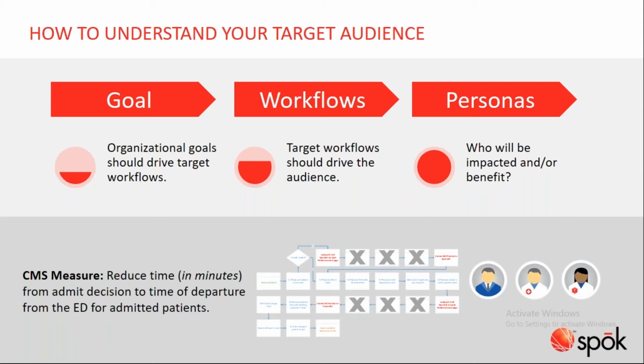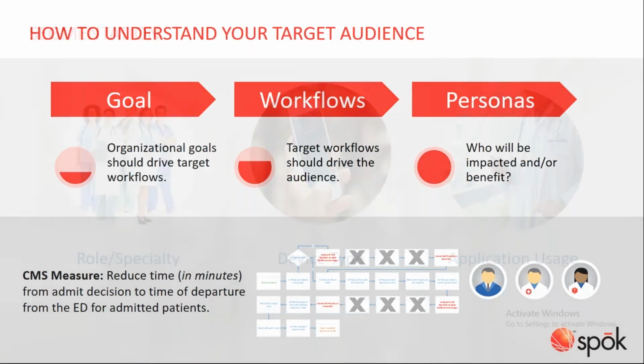Then once you get that final, new process that you're trying to pursue, it'll help you understand who's going to be involved, who's in that workflow, because you'll see those individuals show up in the workflow that you map out. So in my opinion, in my experience, this is the most successful way to approach things. You start with your vision, your mission, and you get these goals that are distilled down from that. Your goals are then going to drive the workflows that you target, and the workflows should help you distill down your personas and who's going to be impacted and benefited from the changes.